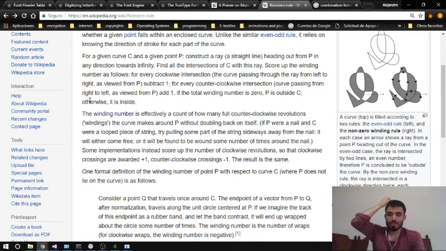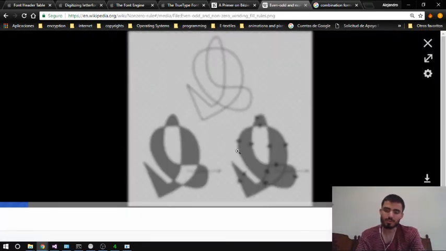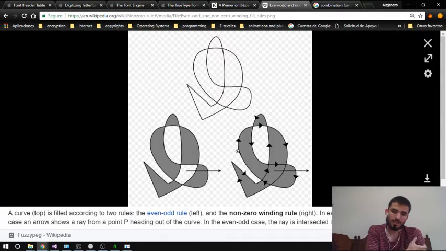Okay, so this diagram explains how a curve will be filled. This crosses the path, and this tells us it has passed 2 times, so it has to be outside.